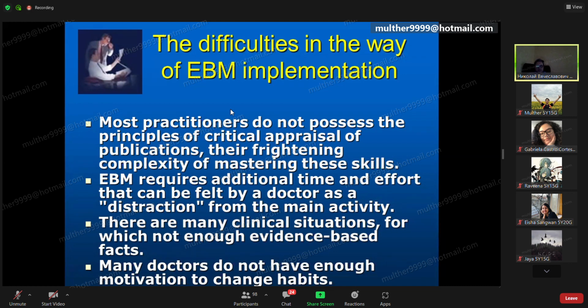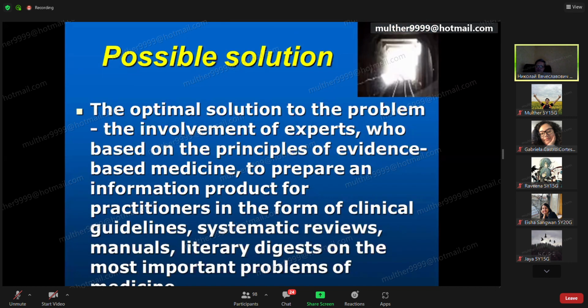Also, there are many clinical situations for which there are not enough evidence-based facts at this moment. And as one more argument, many doctors don't have enough motivation to change their habits. What is the optimal or possible solution for this problem?